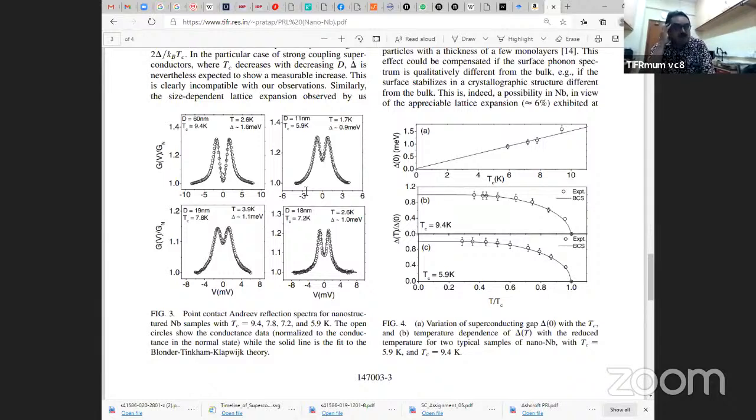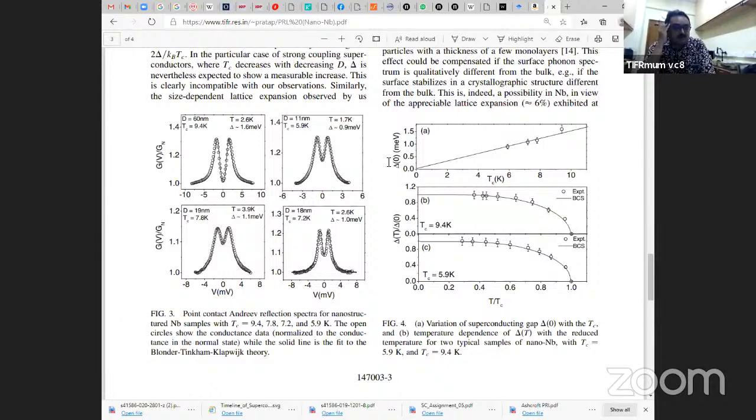So one could in principle have used tunneling spectroscopy as well. You see that as you reduce the particle size, the TC decreases, and in proportion, the gap also decreases. So the attractive pairing interaction keeps on decreasing proportionate to TC.